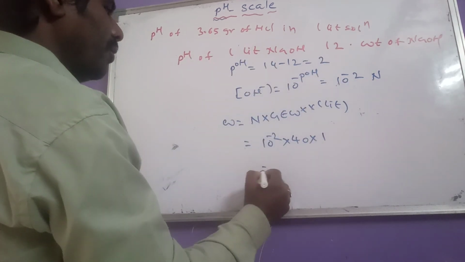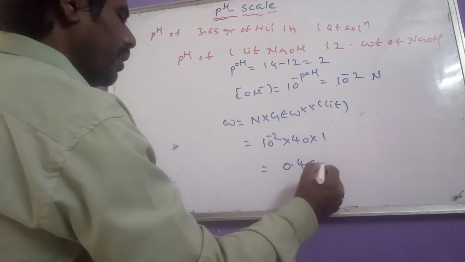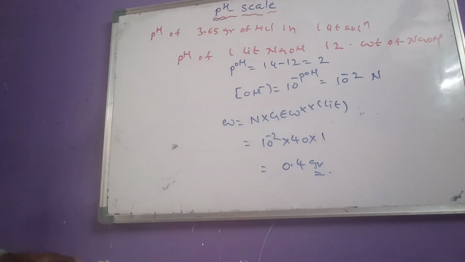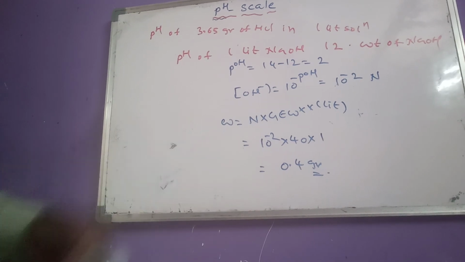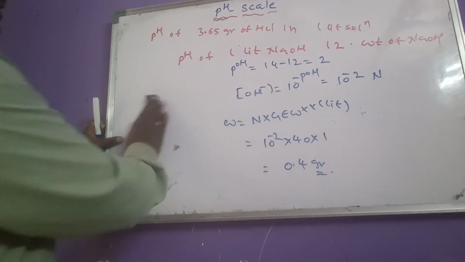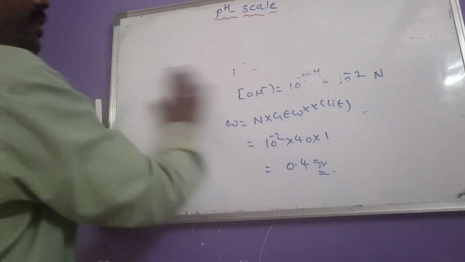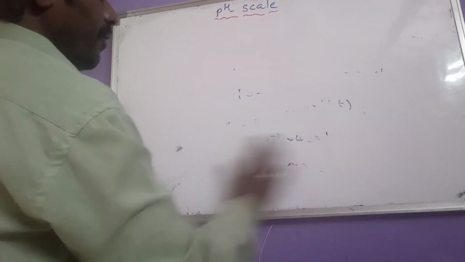Therefore, the answer is 0.4 gram of NaOH present in 1 liter of that solution. Like that we have to calculate the weight of NaOH using the pH value.